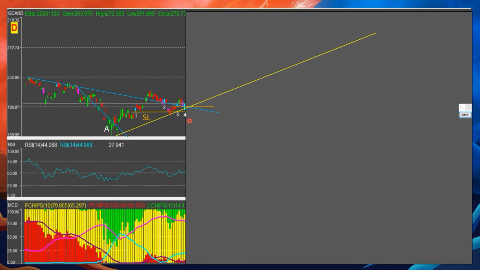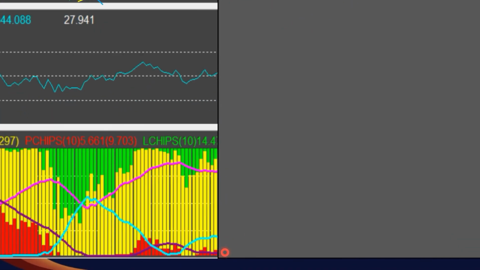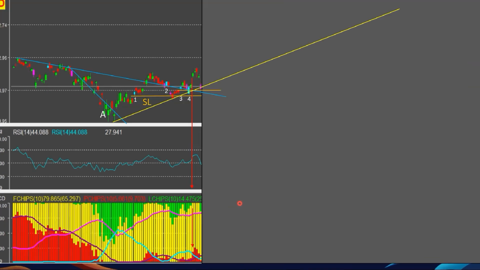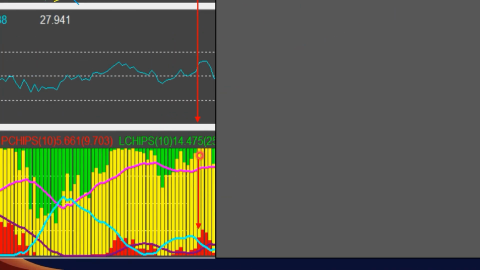Same for number 4. There is an RSI blue color candlestick, but there is still lock chip green color, and even though the red color is above the MA line, I will still skip. I wait. There's no selling action here. Now again, this is a bit of your experience. Here there's a buying condition.